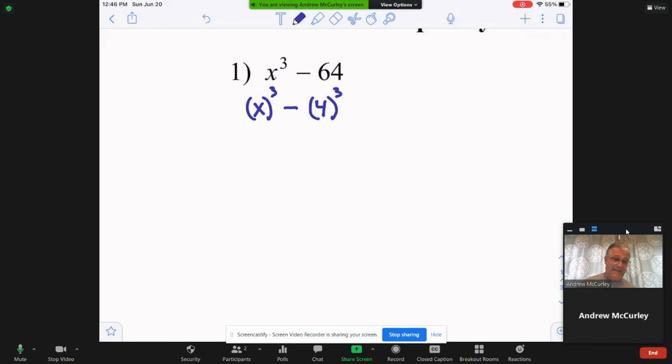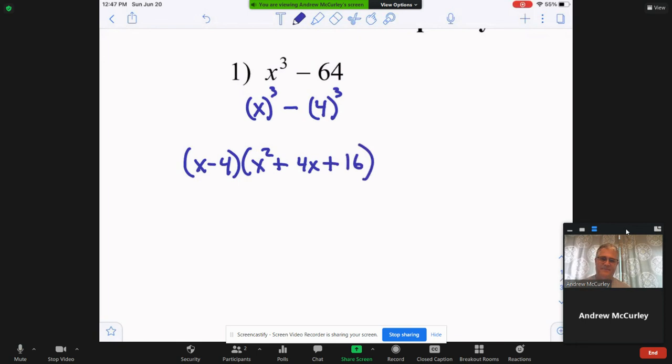If that was like 80, that's not a cube, so I couldn't do it. So now I just got to put it into the form. It's going to be X minus 4, same sign. Then I got X squared, opposite sign, then 4 times X, always positive. And now I just got to square 4 and get 16.